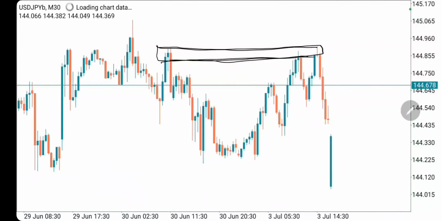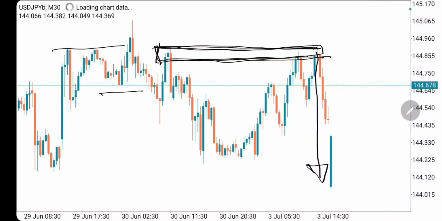If you check my Telegram channel, you can see that I drew this zone. I said that price was going to reverse from here, and you see how price reversed from here. It was a sweet sell-off, within 5 minutes of posting this chart, the market started selling from this zone.